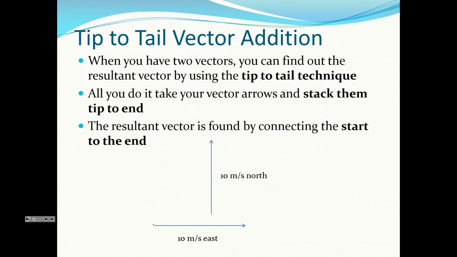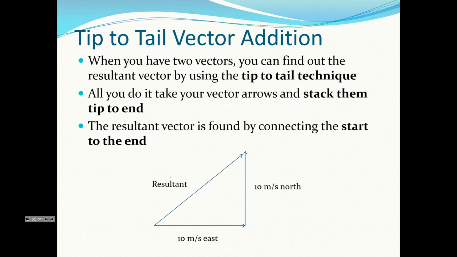I don't want to connect them end to end like this. What I want to do is stack them tip to tail, like that. So that's stacking them tip to tail. And then if I want to find the resultant, meaning how is this object going to move? If a person's pushing at 10 meters per second east and another person's pushing at 10 meters per second north, how fast is it going to go and in which direction?